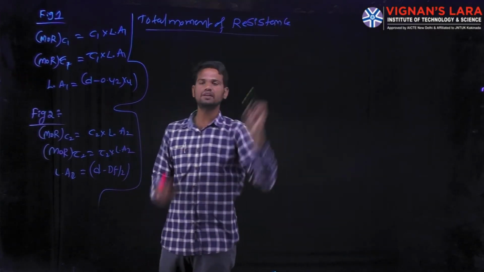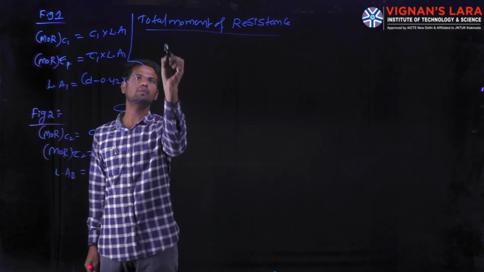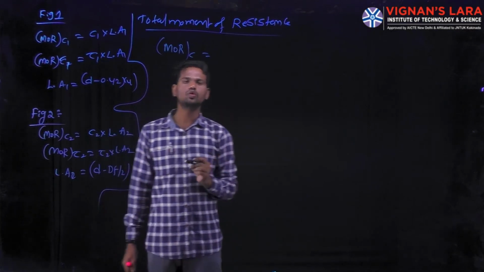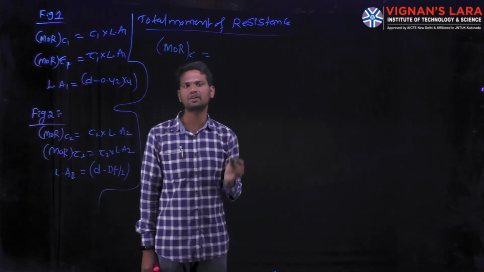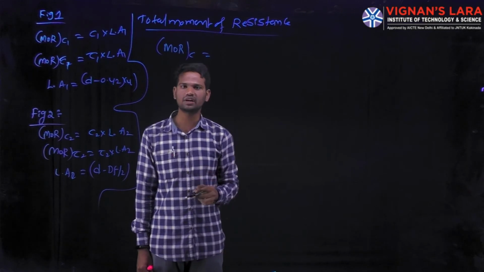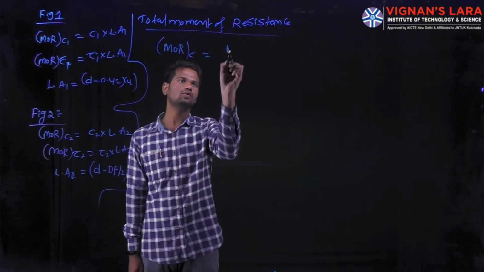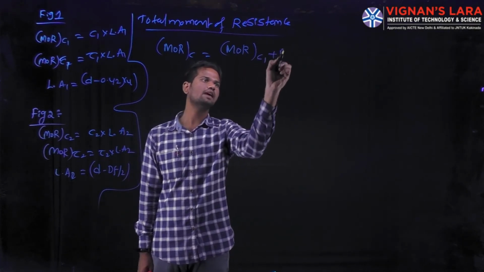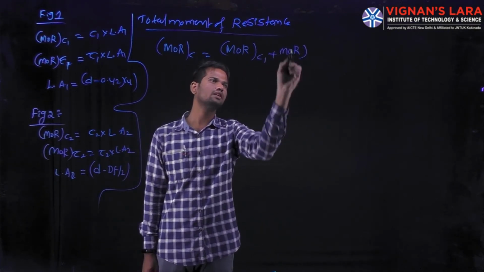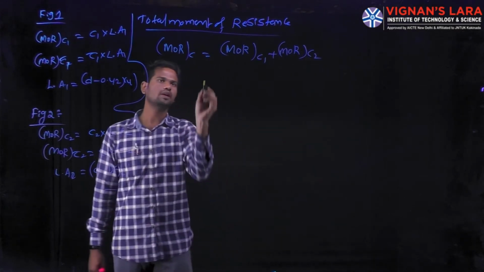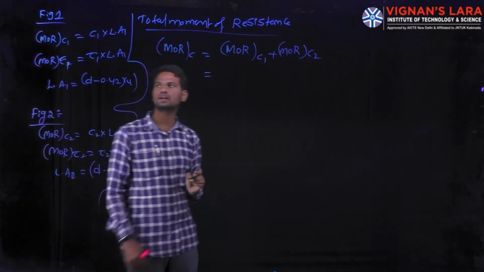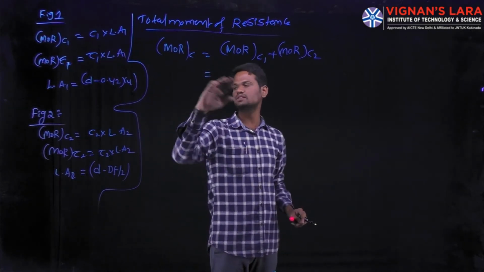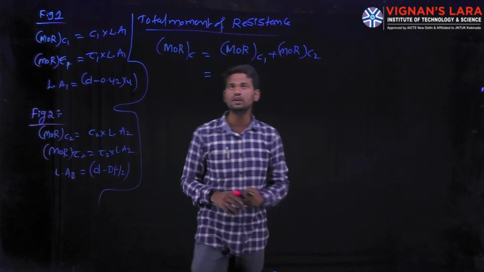The total moment of resistance MORC equals the moment of resistance in compression 1 plus the moment of resistance in compression 2. From this, again, the moment of resistance in compression 1 equals C1 into LA1, and the moment of resistance in compression 2 equals C2 into LA2.